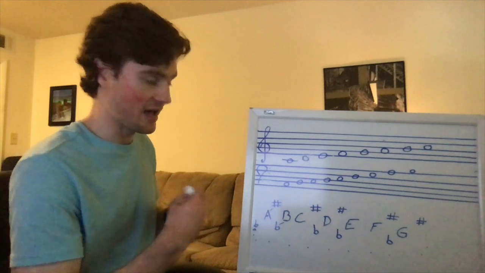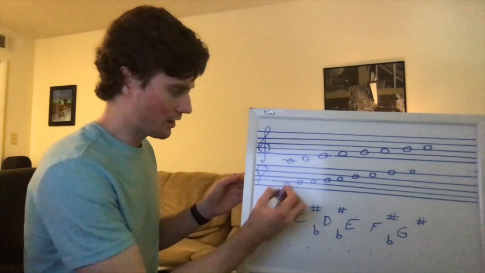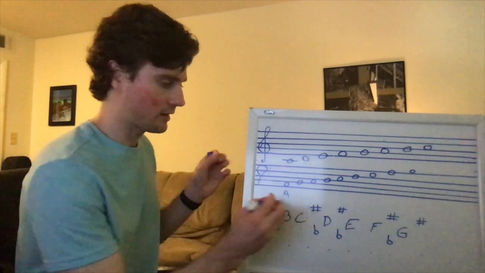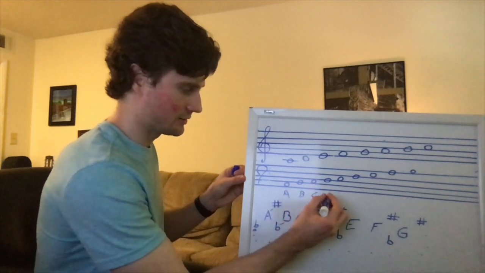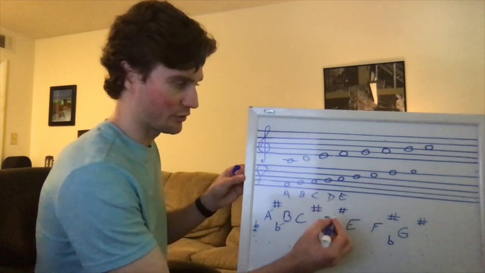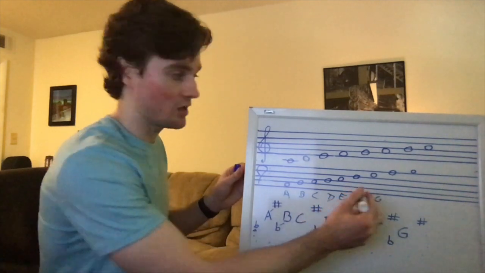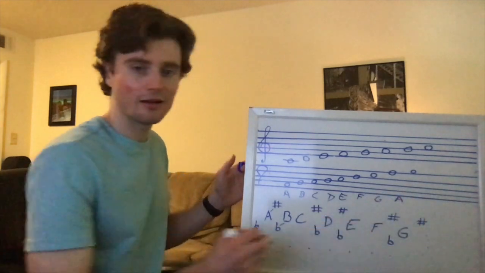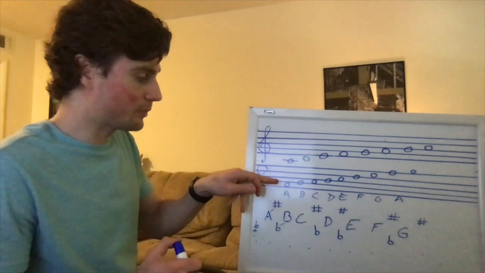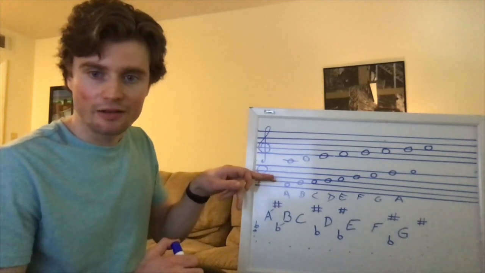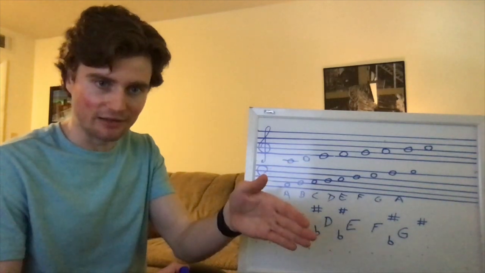Okay, that is going to be A. Okay, so we're just going to call that A. And this one on the subsequent line is B. And then we have C, D, E. You're going to notice the pattern, F, G, and then like I said, once we get to G, we loop back around to A. Okay? So we can see that if you just remember that this bottom space is A, then you can find all of the subsequent pitches. They just go alphabetically from there.